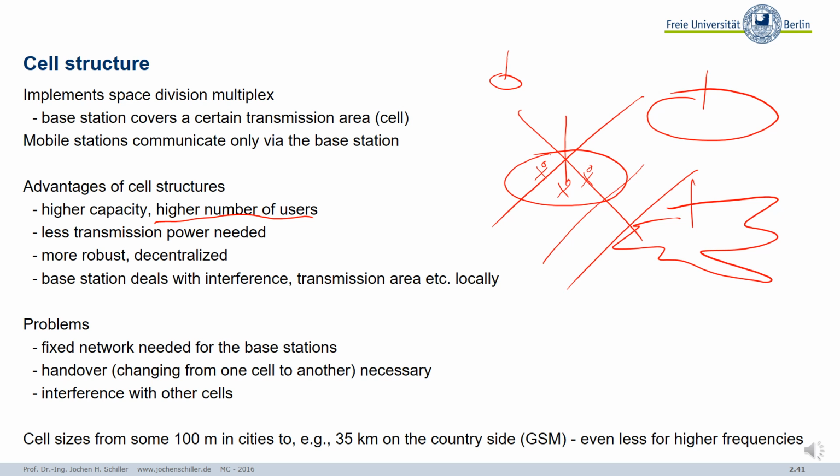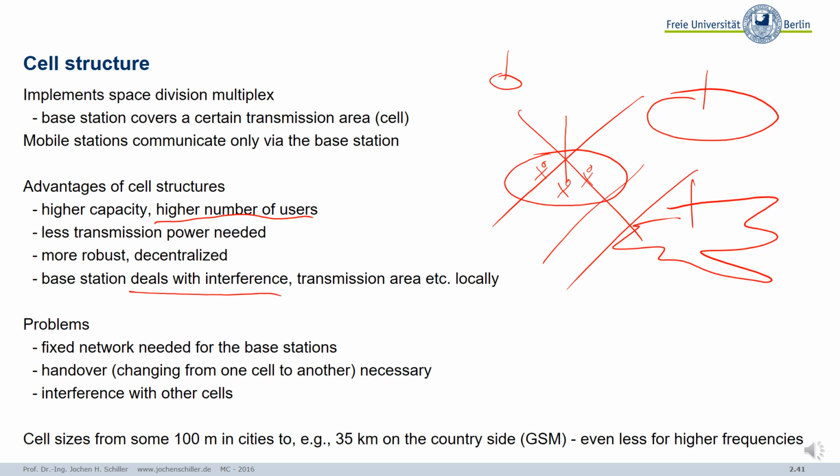That's one of the ideas, and you can also much better deal with local interference. If you have smaller cells, you can switch the channel. If you have one huge cell all over the country, it's very difficult to handle interference.